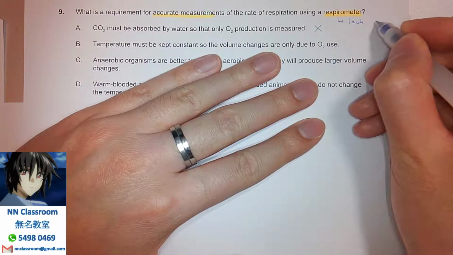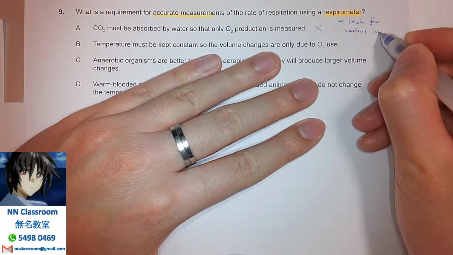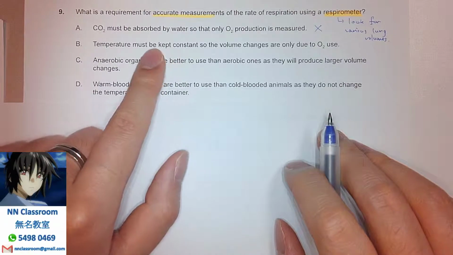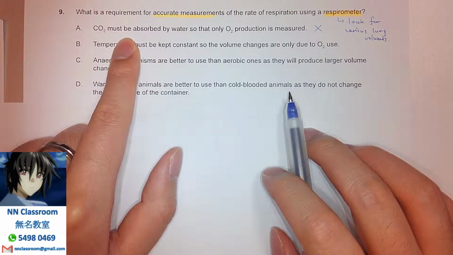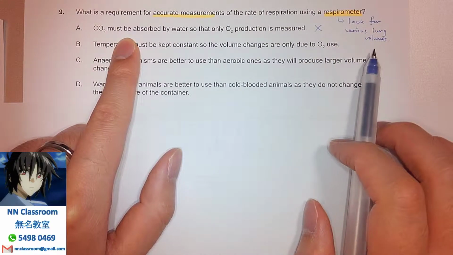Remember the function: look for various lung volumes, right? So if you ignore the volume of CO2 that is going to be produced, that is not fair for us to measure the lung volumes.